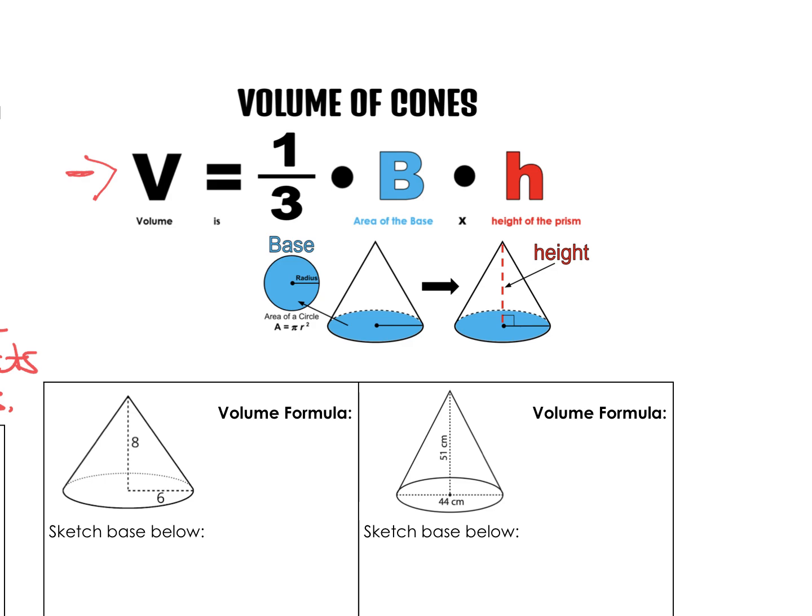Okay, that volume is 1/3 times, here's that big B. We know that big B is the area of the base times the height. And when we look at the shape of the base, well, the area of the base, this is just a circle. So just like our cylinders, we know the area of a circle is pi r squared.